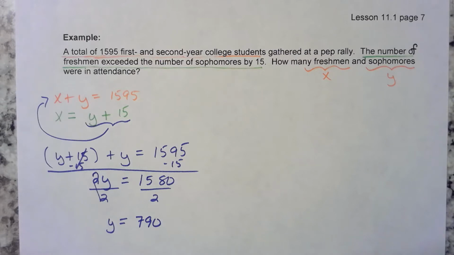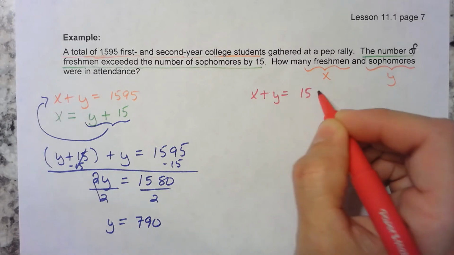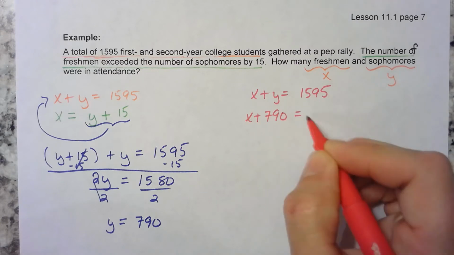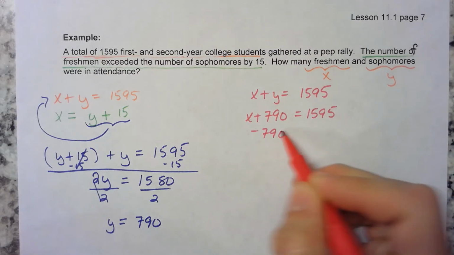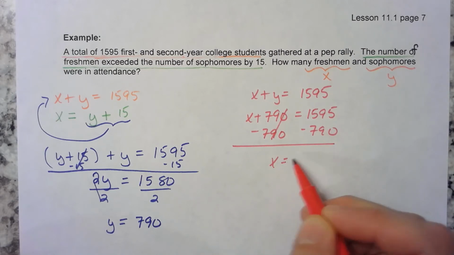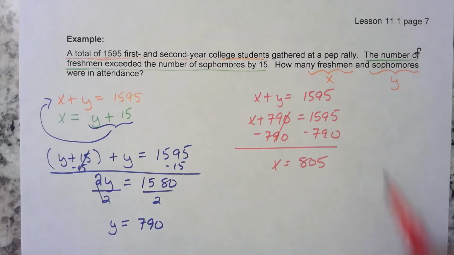Now we need to figure out what X is. Well, X plus Y is 1,595. So X plus 790 is that number. So we subtract 790 and we get X is equal to 805.